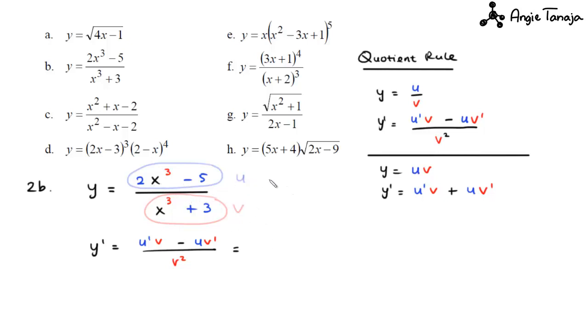Let me count u prime first. U prime will be 2 times 3x to the 2, right? So then this will equal 6x squared. Well, the v prime is 3 times x to the square. That's all, right?